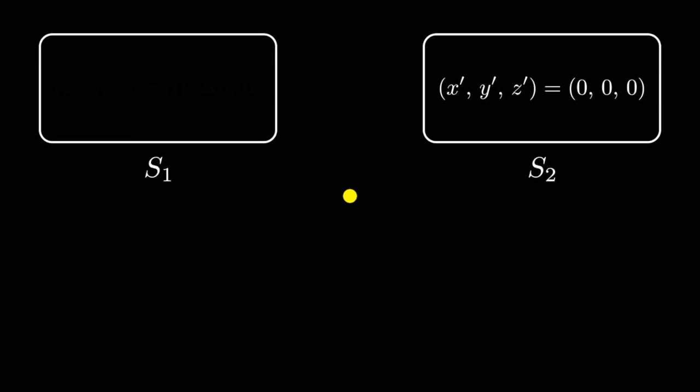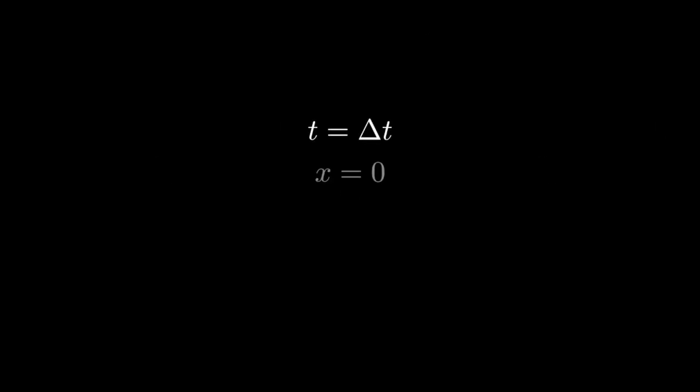But for system S1, things are a little different. According to system S1, the coordinates of the origin of S2 at t equals delta t are 0, delta y, 0. In other words, for system S1, when t is equal to delta t, x is equal to 0, y is equal to delta y, and z is equal to 0.